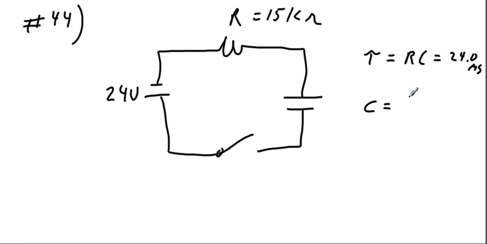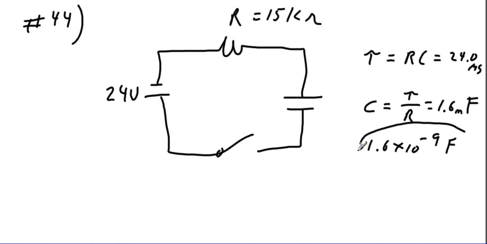So the capacitance is going to be the time constant divided by R, and that's going to give us 1.6 nanofarads. 1.6 times 10 to the minus 9th farads. So that's the A part of the answer.